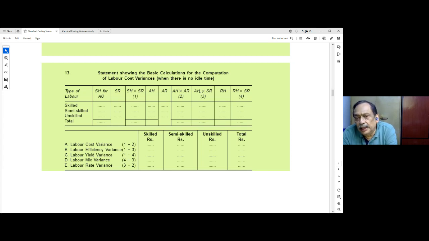So if there is no idle time, then how you are going to compute the various labor cost variances is depicted in the table.